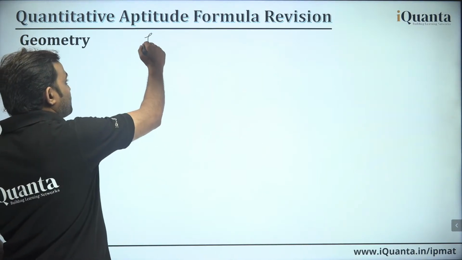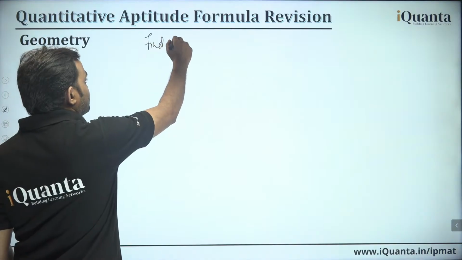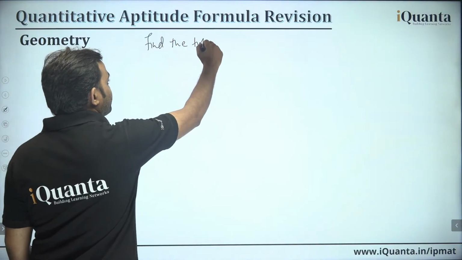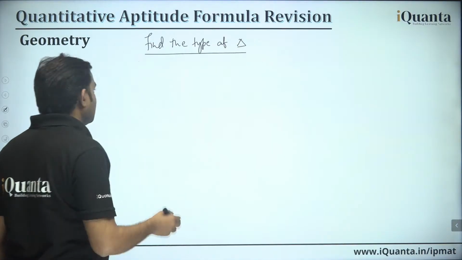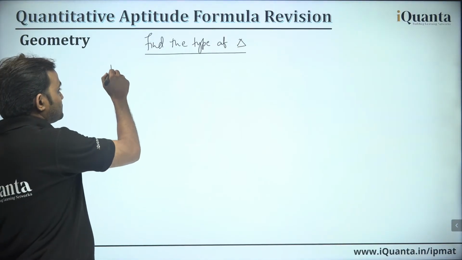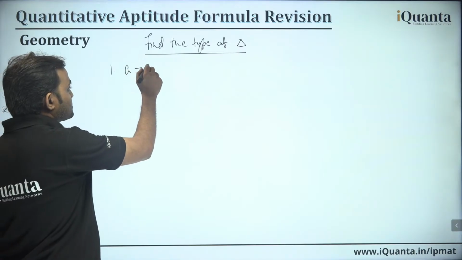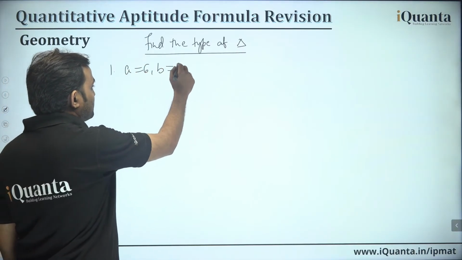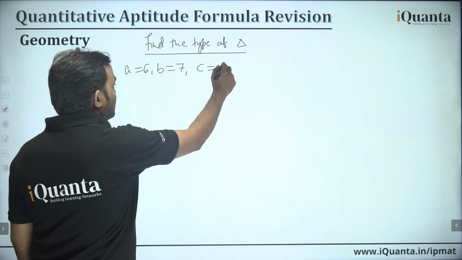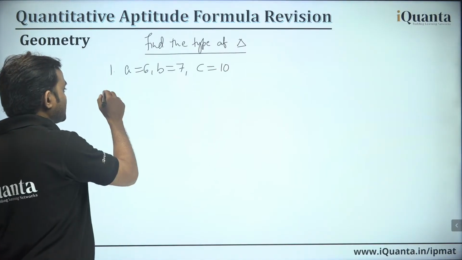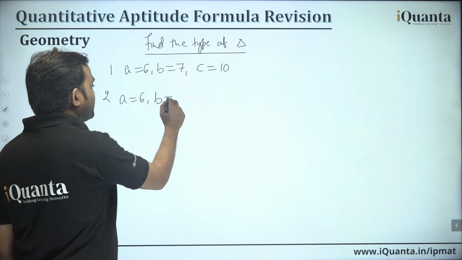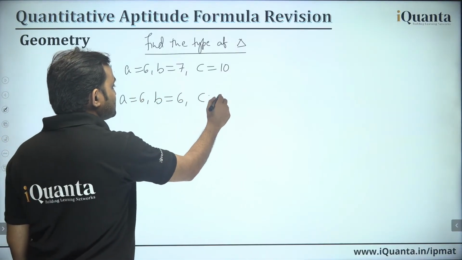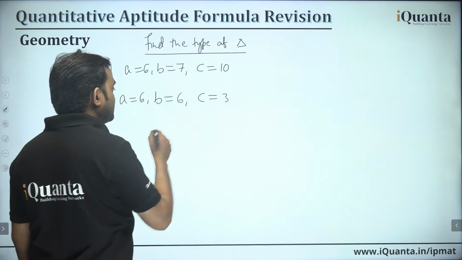Now let's try to find the type of triangle. Question 1: A is equal to 6, B is equal to 7, C is equal to 10. Second, A is equal to 6, B is equal to 6, C is equal to 3.